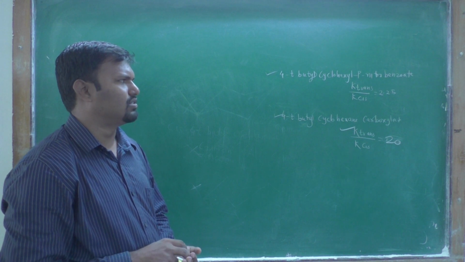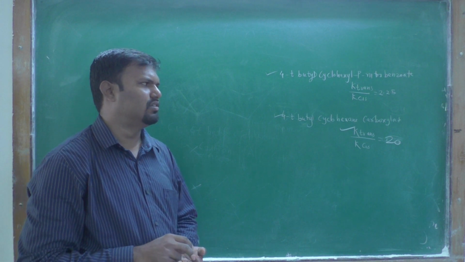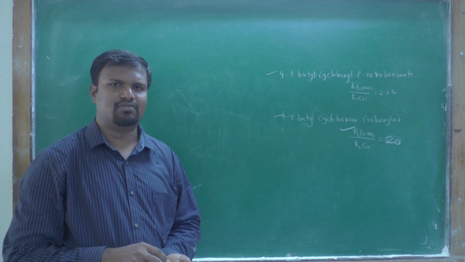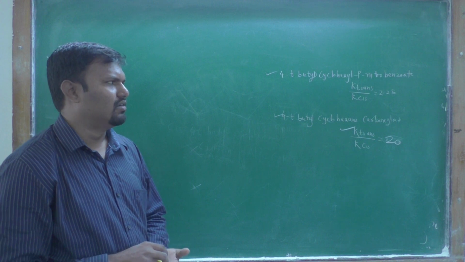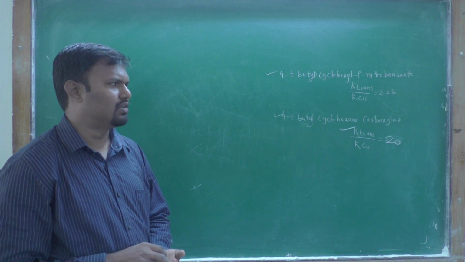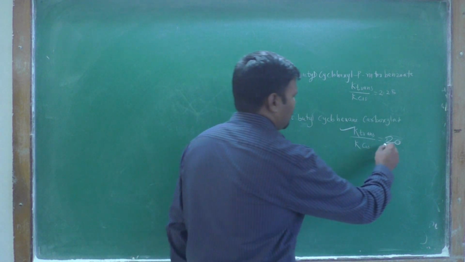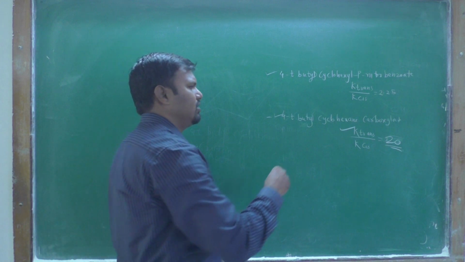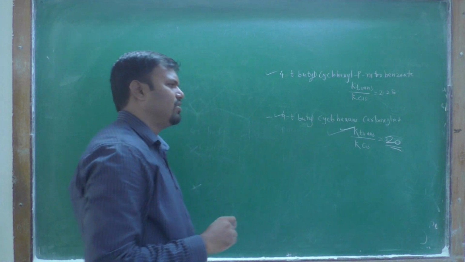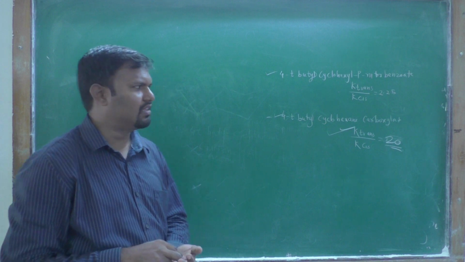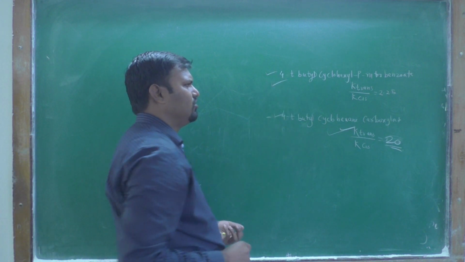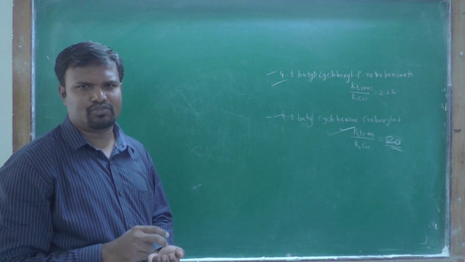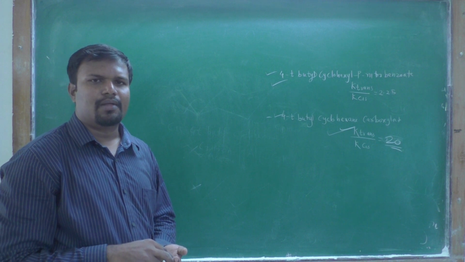In the first case there is not much difference, but somehow the trans isomer reacts faster than the cis isomer. But when you compare with the 4-tertiary butyl cyclohexane carboxylate, you found in this case the rate of the trans isomer is much higher than this molecule, that is 4-tertiary butyl cyclohexyl paranitrobenzoate.